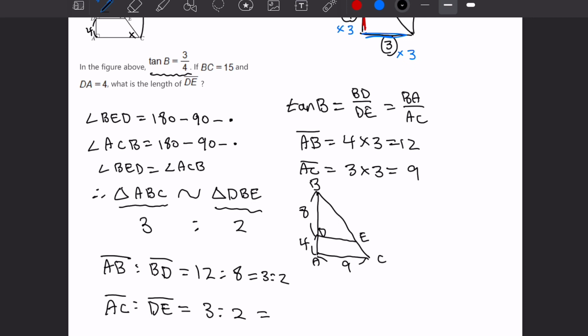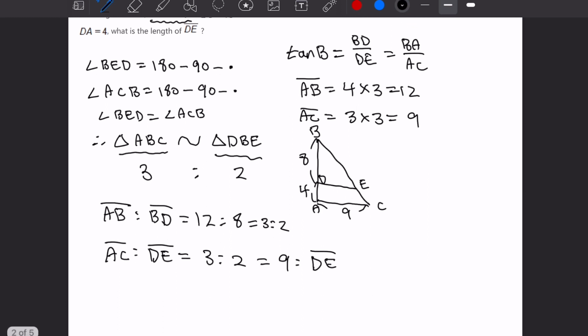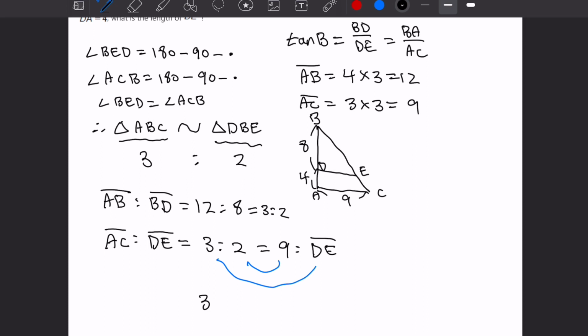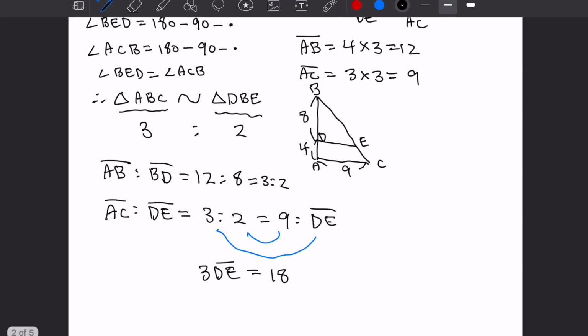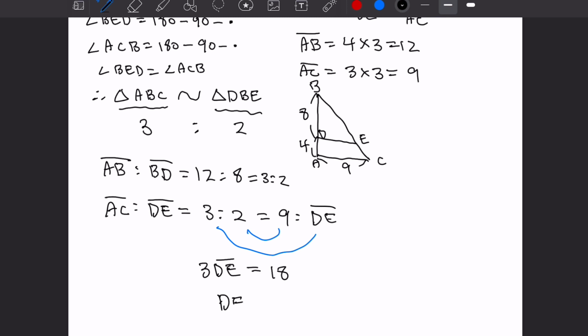And we know that AC is 9 and DE is what we are trying to find. So if we do the inside out multiplication, we get 3DE is equal to 18. And DE, if we divide both sides by 3, would ultimately equal 6.